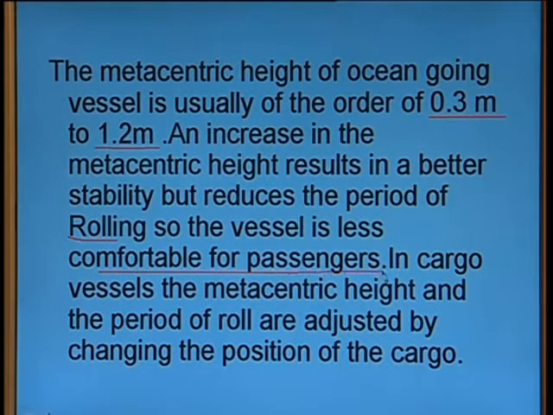The comfort level reduces. But if GM goes up, then stability is high, right? So generally we keep the metacentric height for an ocean going vessel at 0.3 to 1.2.